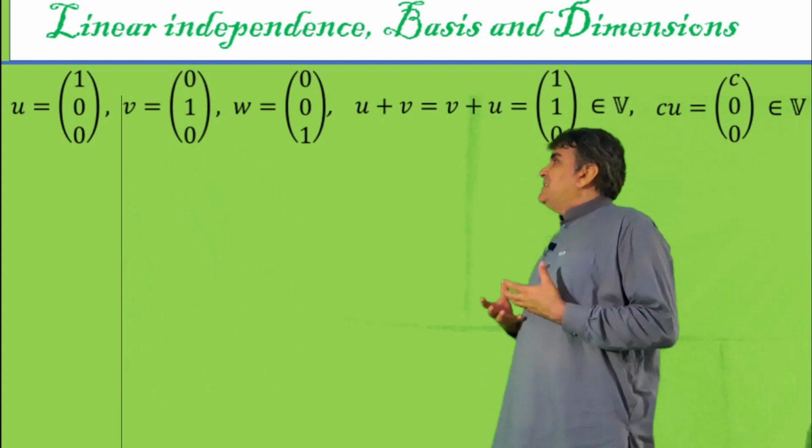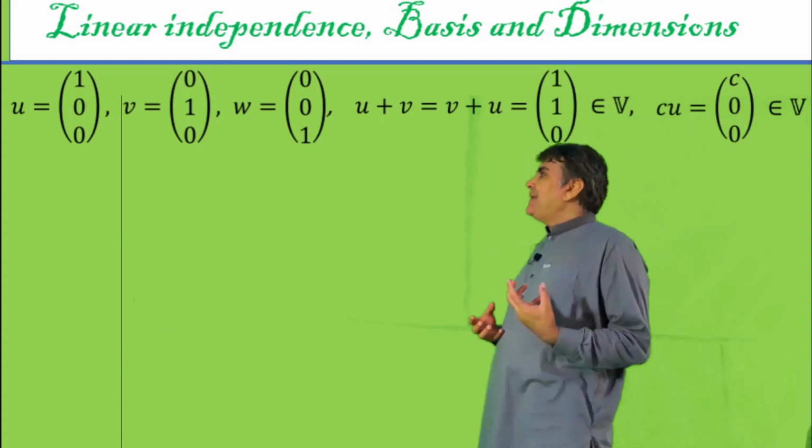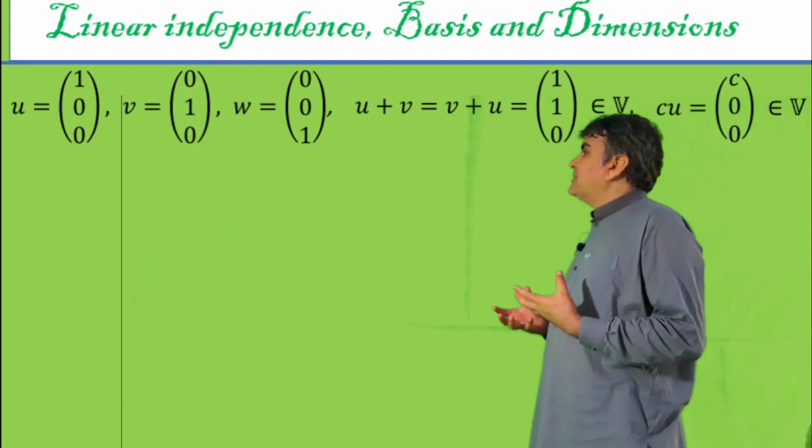Now, we can use these matrices to construct any 3-row column matrix of the space.